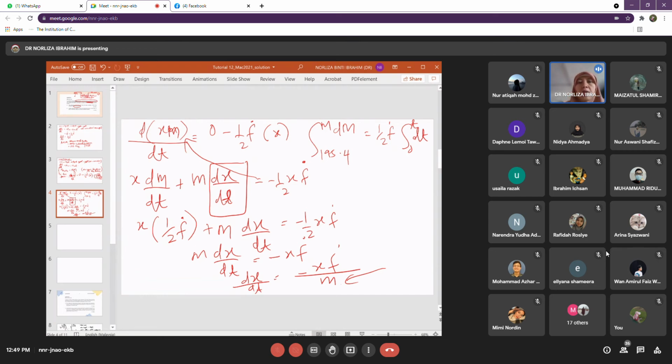It can be 100 kg per minute, it can be 200 kg per minute. You can refer to b because you are required to assume the flow. So f is a constant, so no need to integrate. It's a constant, so you take it out. So here you get m minus 195.4 equal to half f dot t. So you simplify: m equals 195.4 plus half f dot t. So you replace that here.